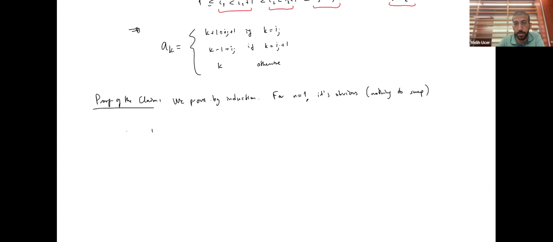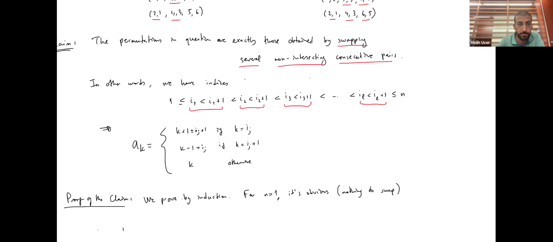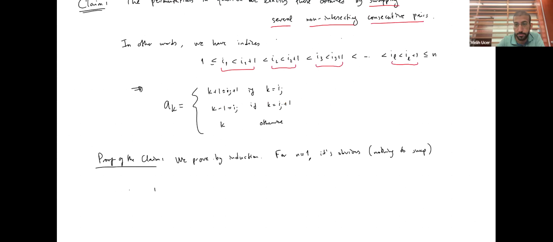So nothing to swap means L equals 0. Right. So these are the permutations that satisfy this.